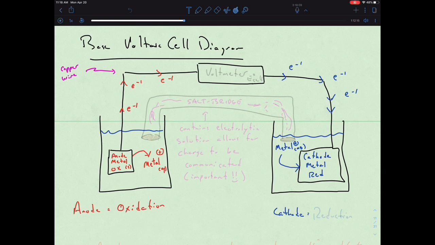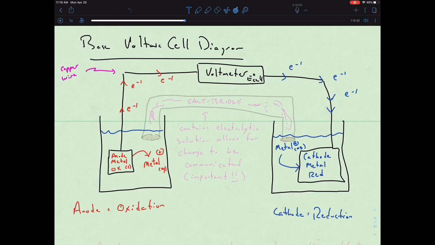So our cathode is that site of reduction. What monitors the whole process is the voltmeter. And so that's where we get our cell potential, if you will.